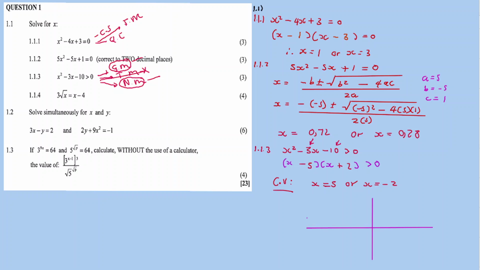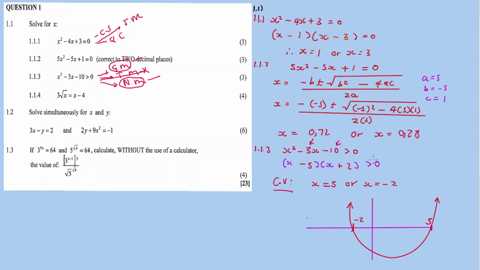Okay, we need a grid. This equation we treat as a parabola, which in fact it is: x squared minus 3x minus 10, but you only plot the x-intercepts on your graph. So now it's minus 2 and 5.